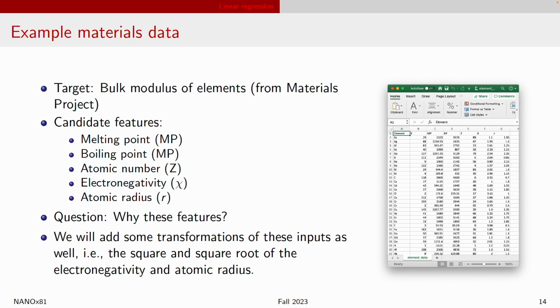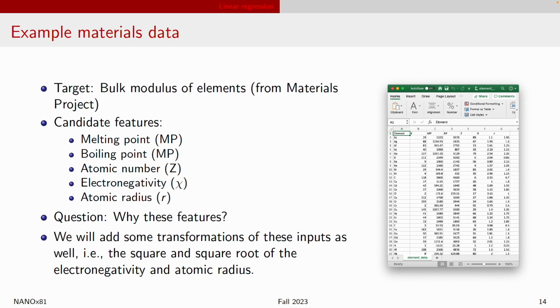Electronegativity is a measurement of how likely an element gives up its electron, right? So it actually is also related to the bond strength. And atomic radius is also, the bigger the atom, the weaker it tends to be. And again, that's also related to the bond strength.